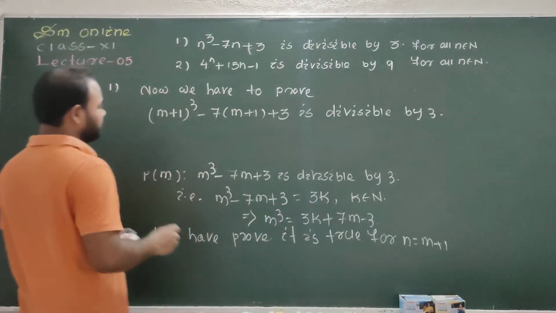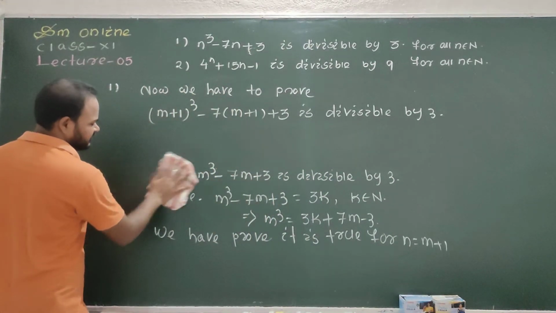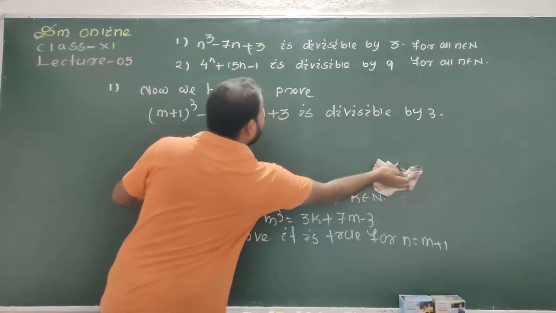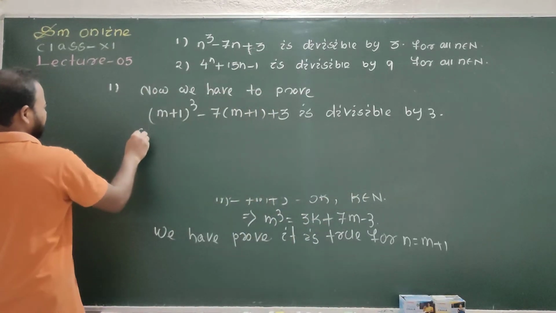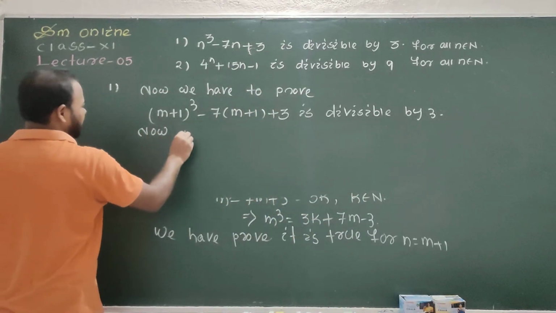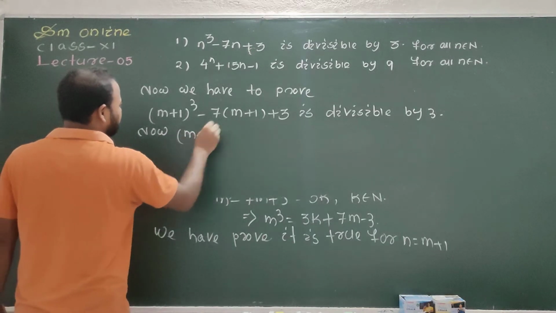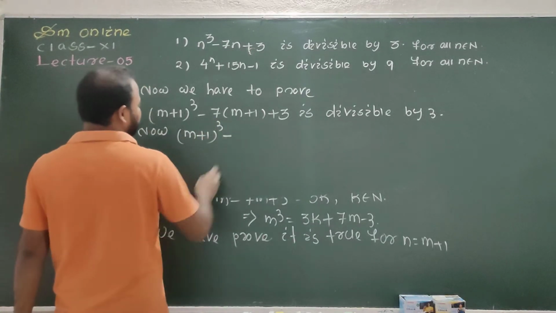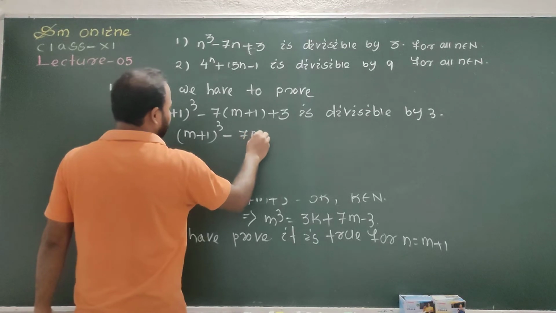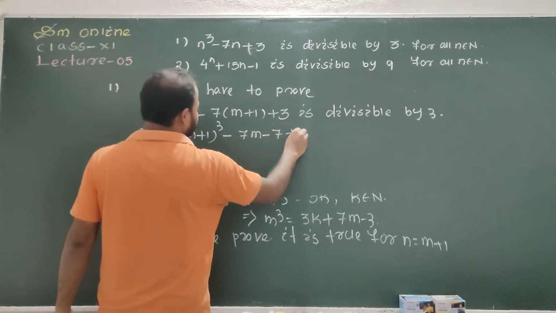So now (m plus 1) whole cubed minus 7m minus 7 plus 3.